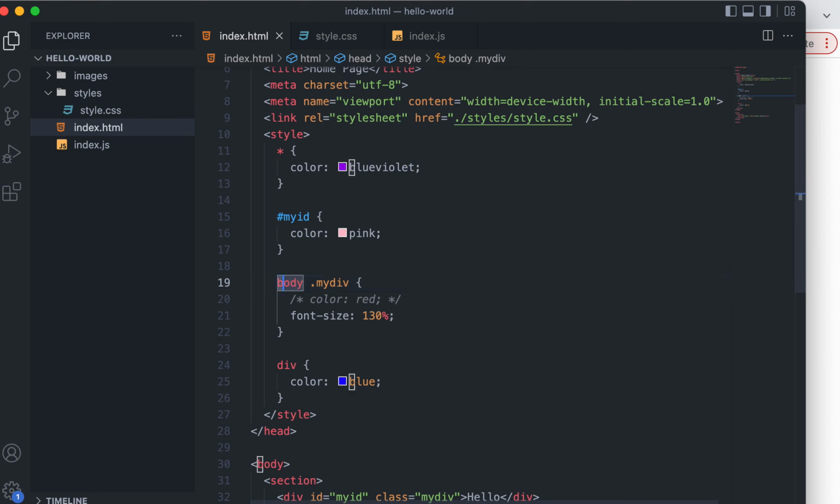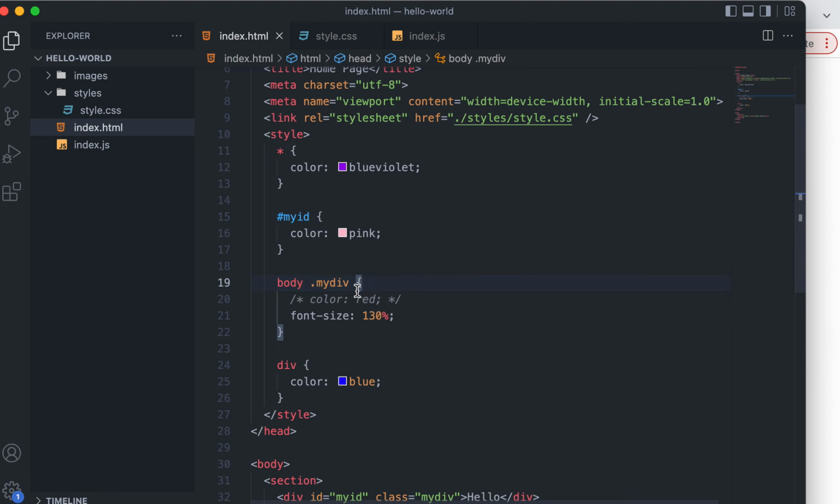That's why this whole thing has a specificity of 011. So specificity is decided for the whole selector.